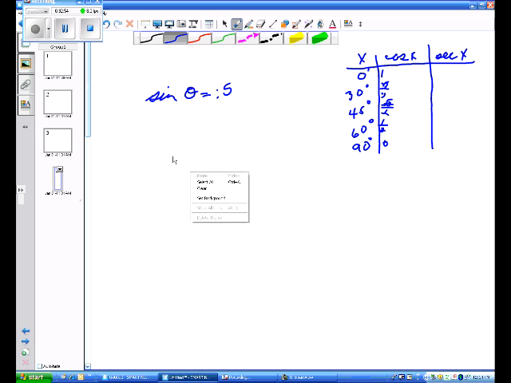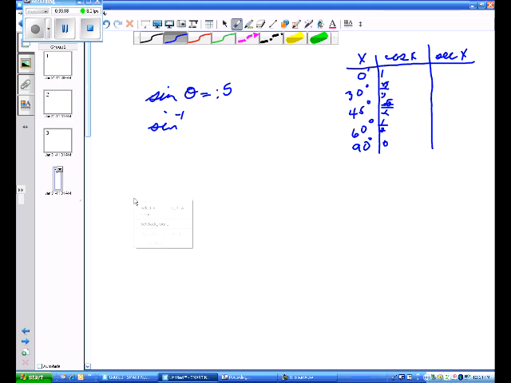The way that we would write this is called the inverse sine. Now remember, sine without an angle has no meaning. So this is saying we're wanting the inverse of the function.